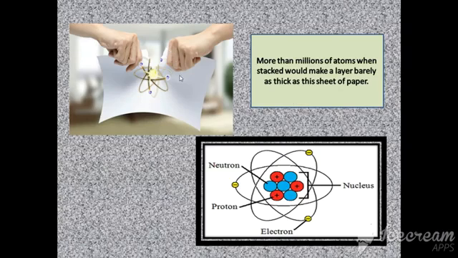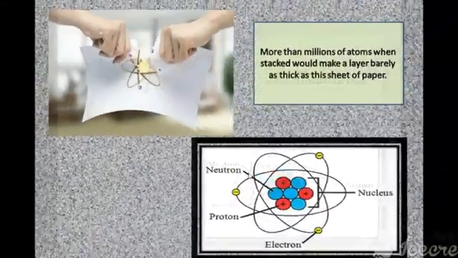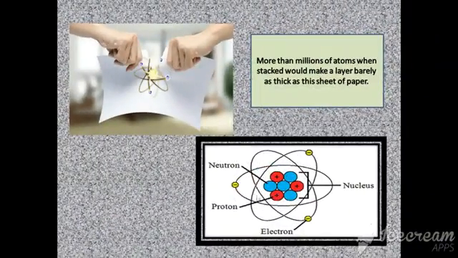But when you tear a paper, we can't say that the atoms are getting broken. We can see the components of an atom in this picture. We will study about these in the upcoming modules.